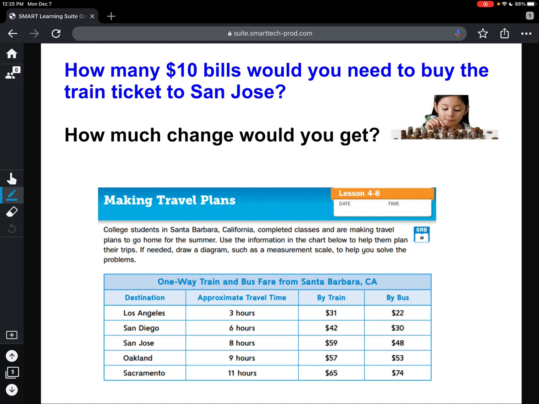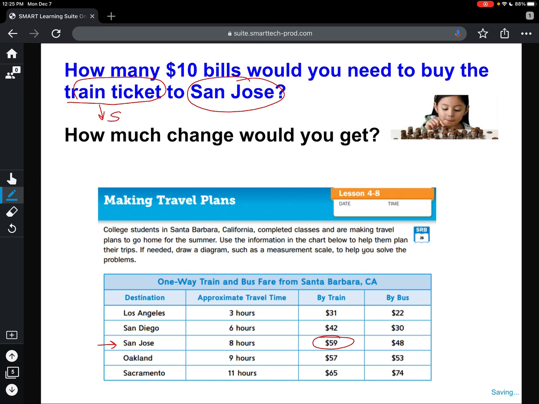How many $10 bills would you need to buy the train ticket to San Jose? So we're going to find San Jose on the chart. We're looking for a train ticket. And the question wants to know how many $10 bills we would need to be able to buy that ticket to San Jose.